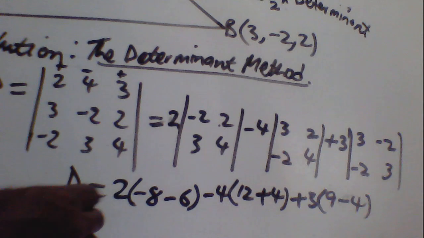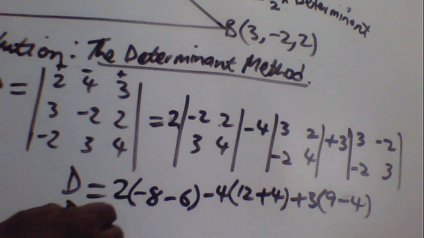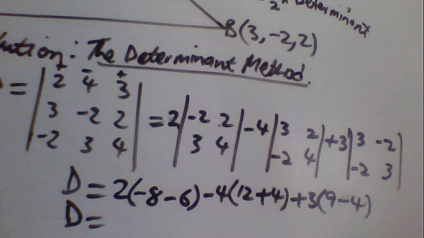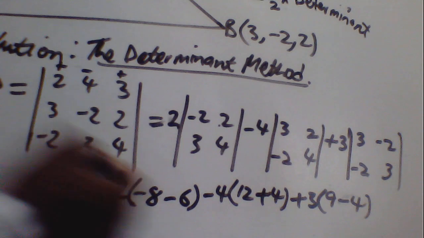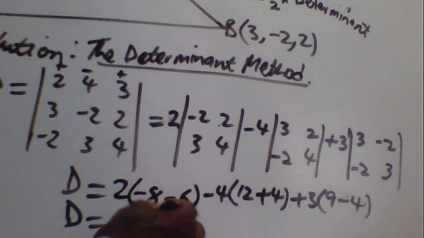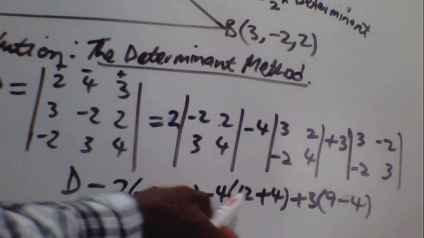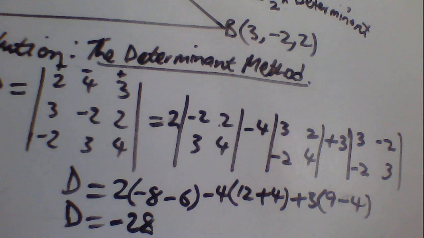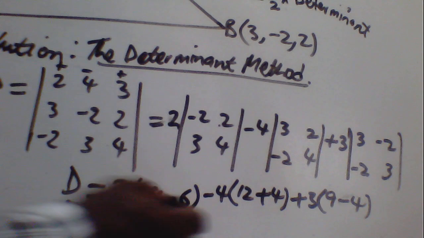So once you do that, you simplify your determinant. So we have minus 8 minus 6 will give us minus 14. And minus 14 times 2 will give us minus 28. So you write minus 28. 12 plus 4 will give us 16. 16 times minus 4 will give us minus 64.